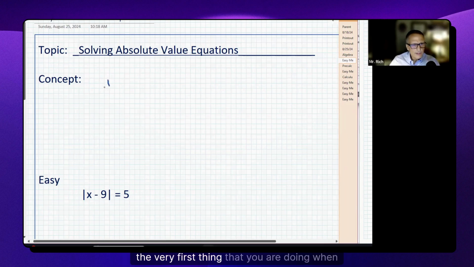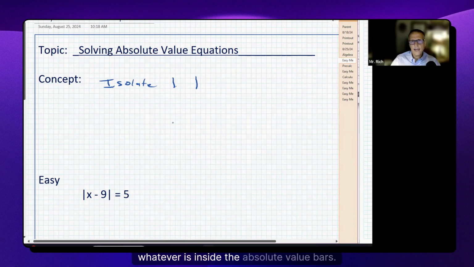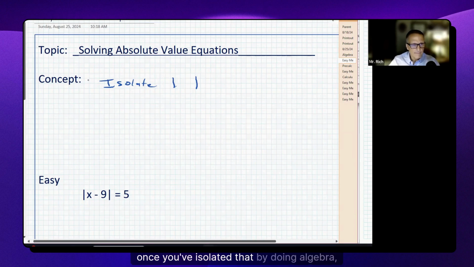The very first thing that you are doing when you're solving absolute value equations is you are going to isolate the absolute value portion. Whatever is inside the absolute value bars, you need to get that on one side of the equation by itself. Once you've isolated that by doing algebra on both sides of the equation, then you're going to split into two separate equations.